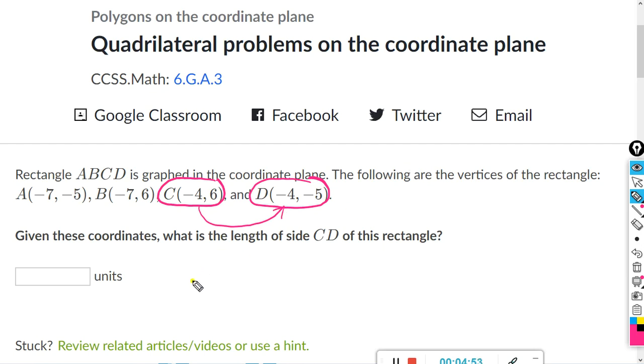So really, the length of CD is just going to be the absolute value of the difference of the y coordinates. So it's just going to be 6 minus -5.